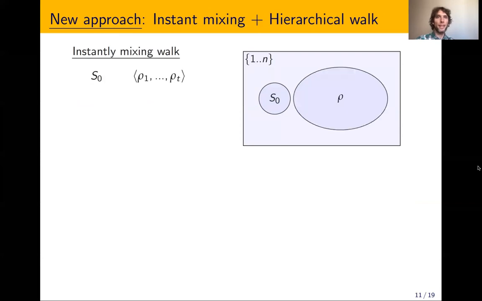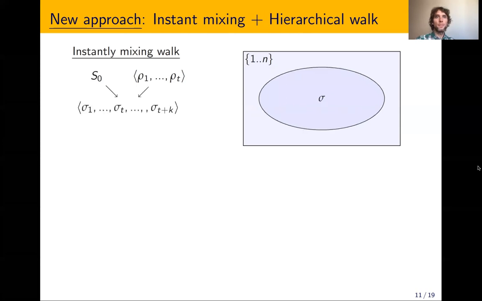Think of this again as uniform sampling, and merge them with S0 to produce our intermediate sample sigma. Then we sample S1 from distribution mu restricted to sigma. By repeating this procedure with S1 instead of S0, we get a random walk in our state space. And it is easy to see that mu will be its stationary distribution.